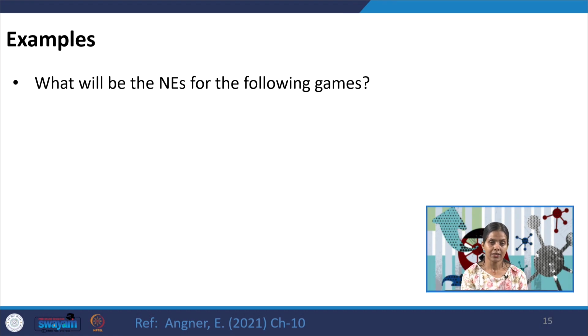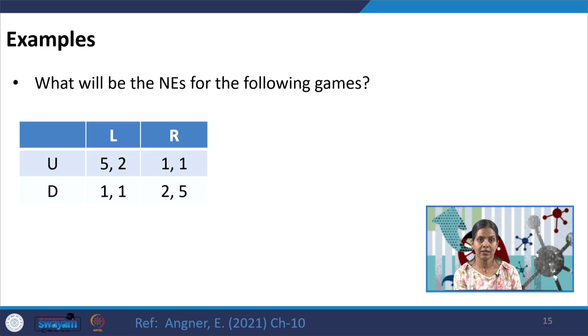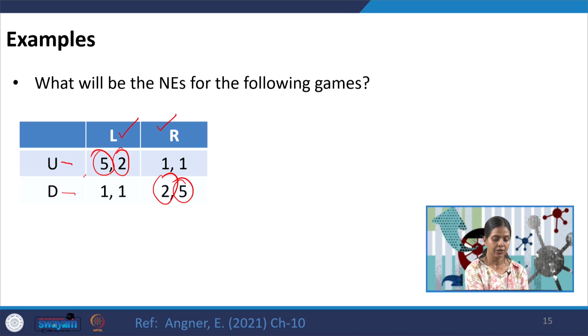Now, let us take some examples. What will be the Nash equilibrium in the following games? If we consider pure strategy Nash equilibrium, you can see that for U, player 2 chooses L, and for D, player 2 chooses R. When player 2 chooses L, player 1 chooses U, and when player 2 chooses R, player 1 chooses D. So, UL and DR are the two Nash equilibria.